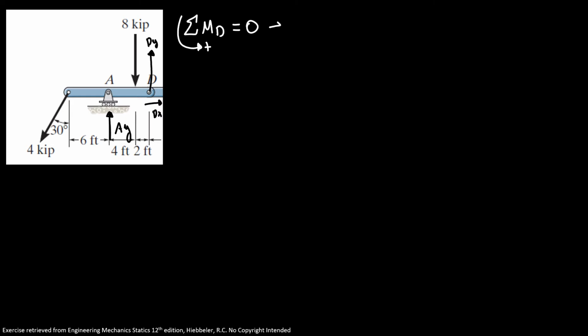So here we have 8 times 2 minus ay times 6 plus 4 cosine of 30 degrees for our y component times 12, the distance from point D to the force, is equal to 0.